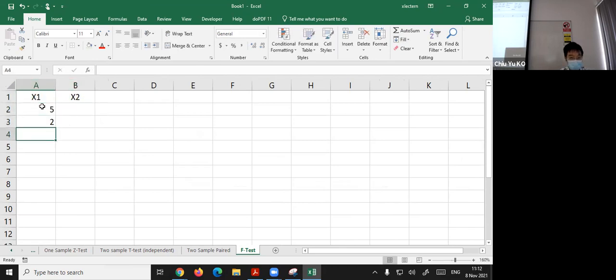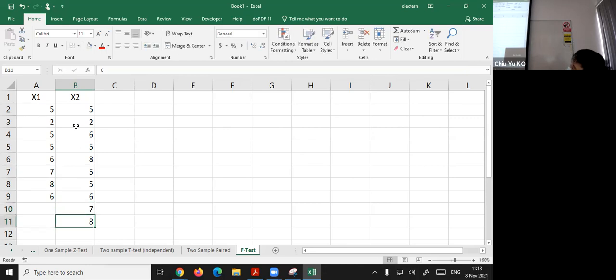Again, I don't know what the numbers are, it doesn't really matter. Make up some numbers here. You don't have to follow me, just make up some numbers. There are two columns here, and I want to do an F test. For the F test, you don't really need to worry about the sample mean and sample variance.